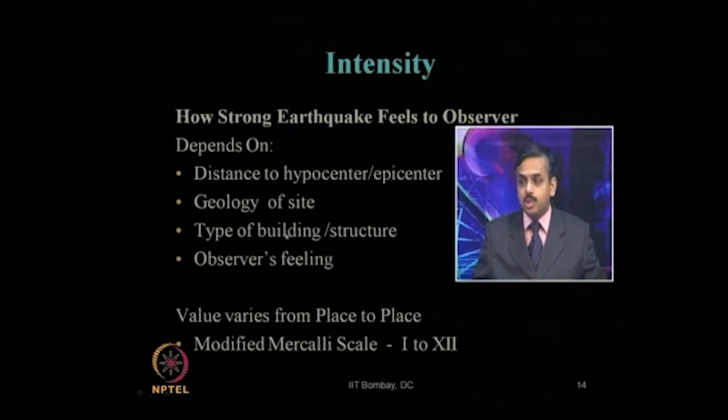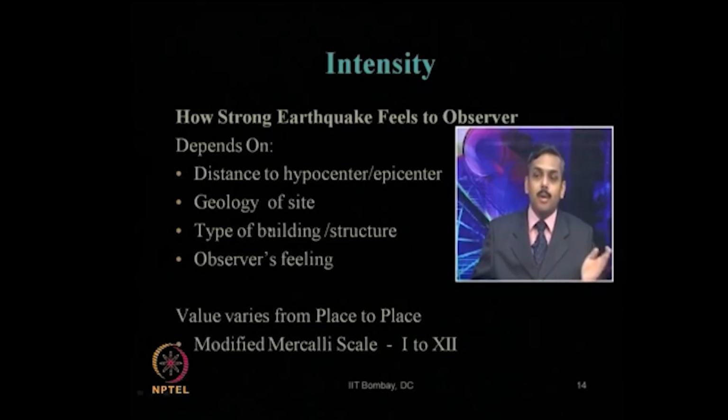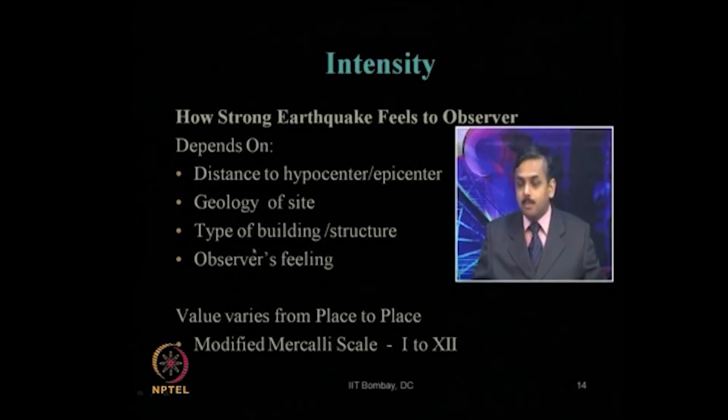So, that damage will get related to a person, whereas where there is a very good RCC structure, reinforced concrete structure or steel structure, probably they may not get damaged at the same earthquake magnitude, compared to a masonry structure or mud structure or hut, etc. So, the amount of damage which the observer is reporting to you, or which you are observing at the site after the earthquake, depends on the type of building, and also on the observer's feeling, how they felt during the earthquake.